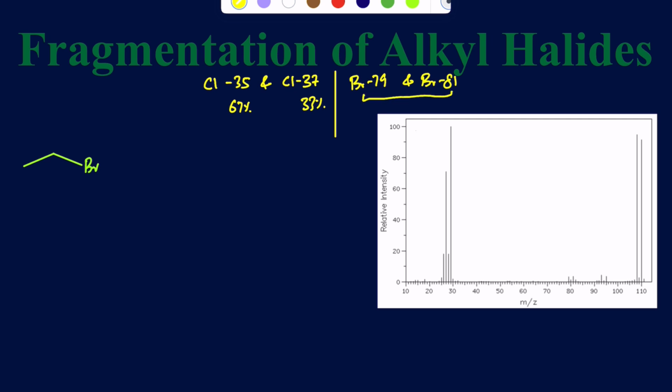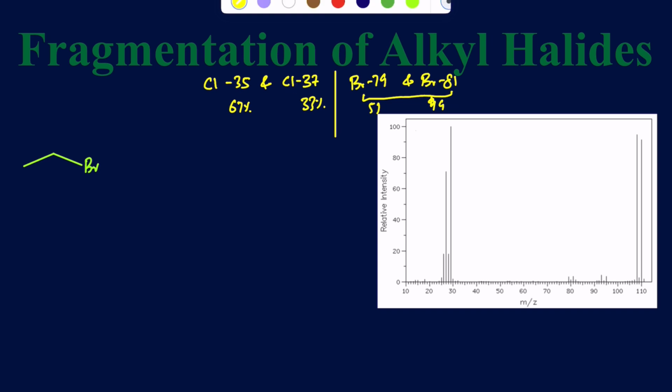I think 79 is about 51% and bromine 81 is about 49%. So the masses for chlorine 35 and 37, and bromine 79 and 81, have a difference of 2.